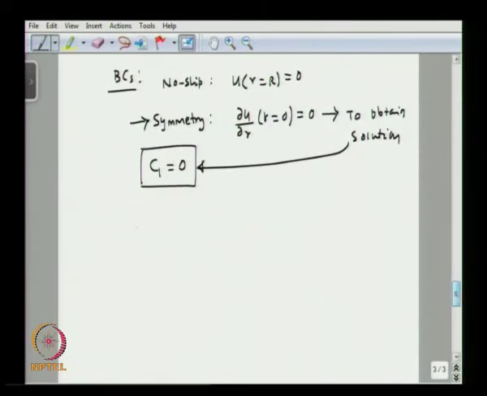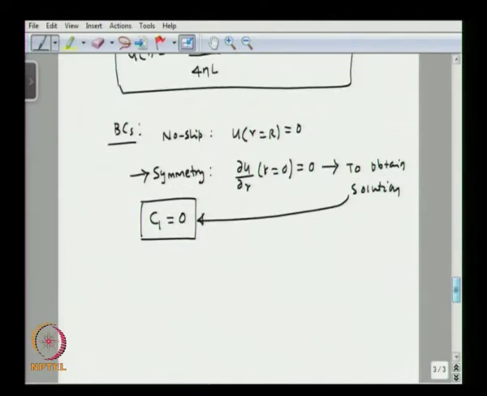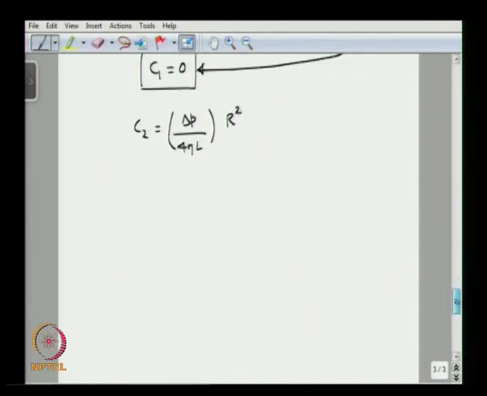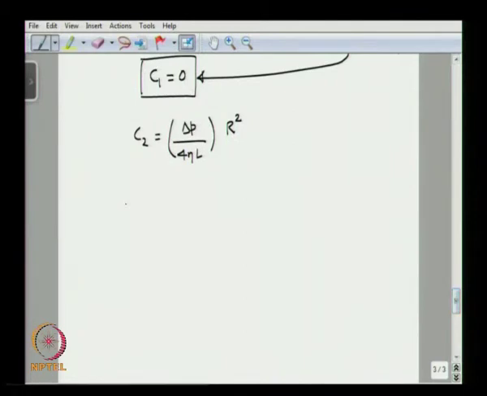Then you can apply the no slip boundary condition, and you would get C2 to be delta P over 4 eta L into R square. So you can write down the general expression for the velocity: u(r) would be minus delta P over 4 eta L into (r square minus R square).